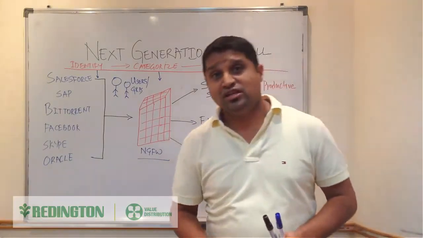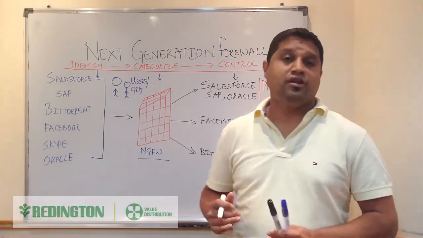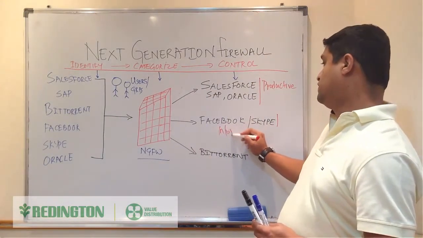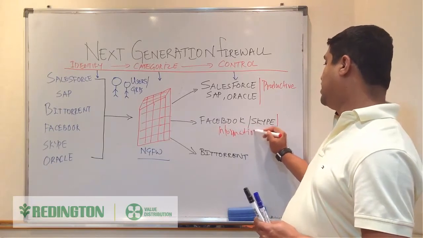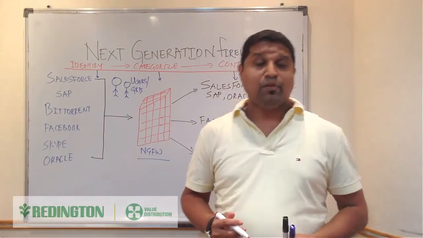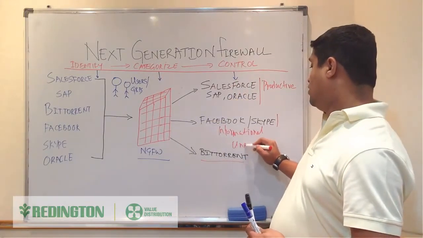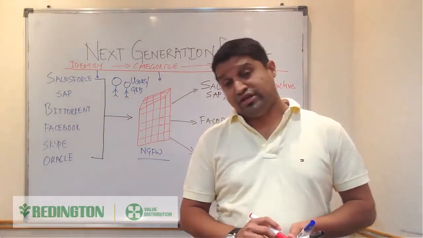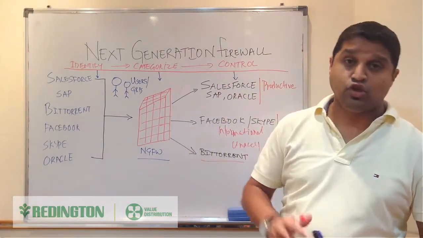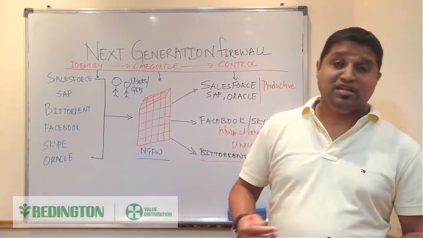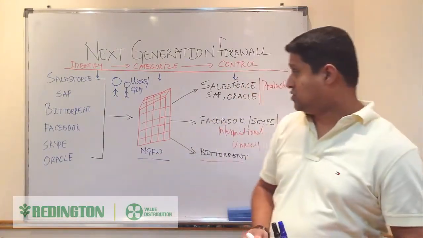Of course, the sales or the marketing team would really find Facebook and Skype informational or productive. So you can define them as informational, whereas BitTorrent traffic would be completely unacceptable on a network which has to work without any interference. Of course, the IT division would really want to have access to file sharing and other stuff, but they could do that on a separate network altogether.